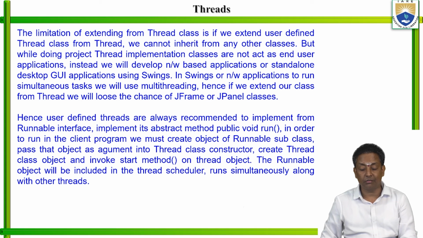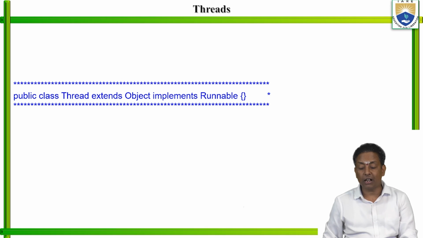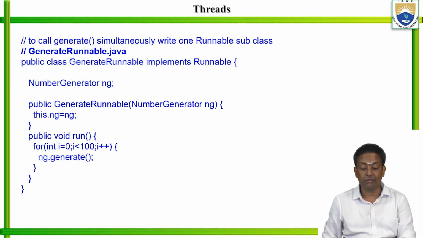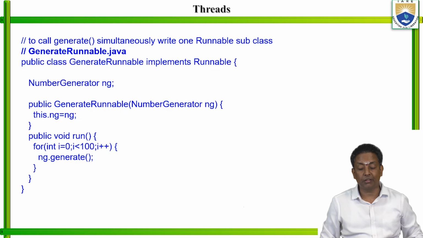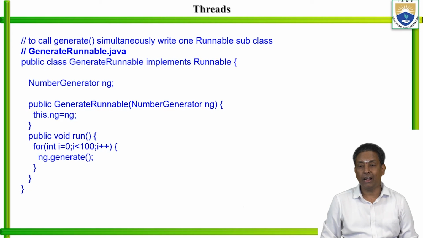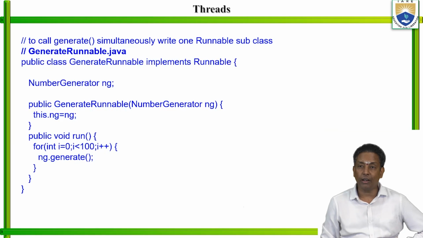That is briefly the explanation of this slide. And in the next topic, we will see how to implement a thread by implementing the Runnable interface, as well as implementing an anonymous class. After completion of extending from Thread and anonymous classes, we have some more applications on controlling the threads, wait and notify.